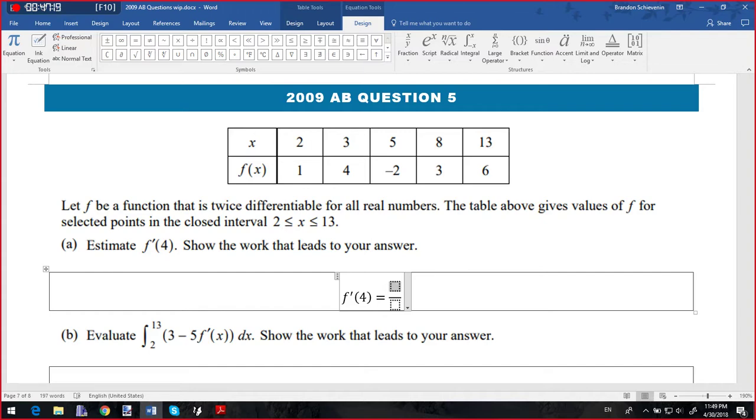So what I can do is get the average slope between the points at 3 and 5.